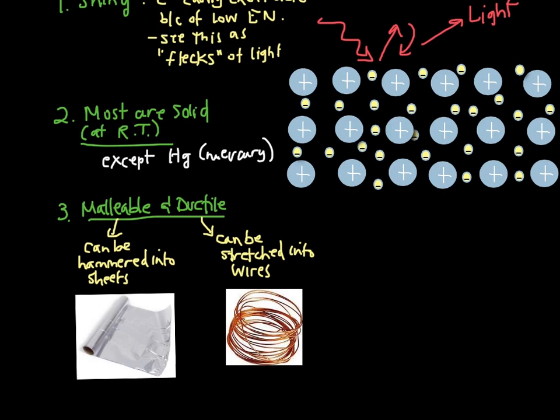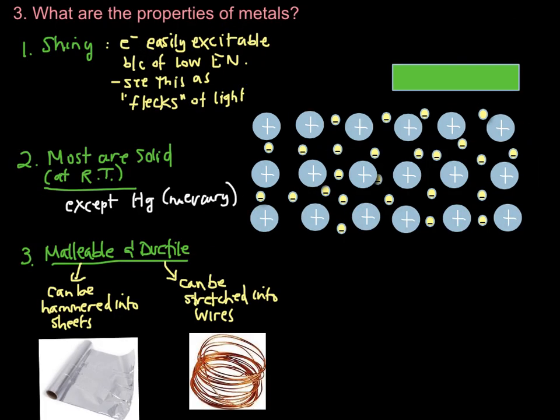And the reason that metals are capable of this has to do with that sea of electrons, right? So you've always got this little padding of electrons that are in between the cations or the metal ions. So the ions are never directly next to each other because you've got this little padding.